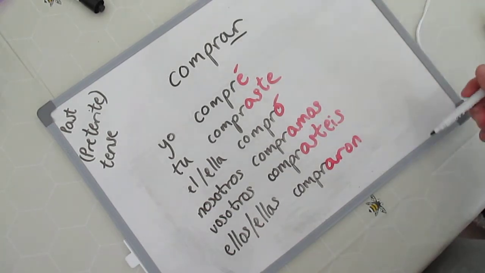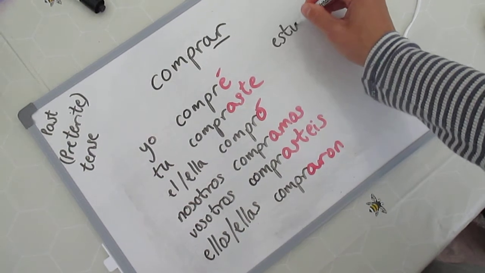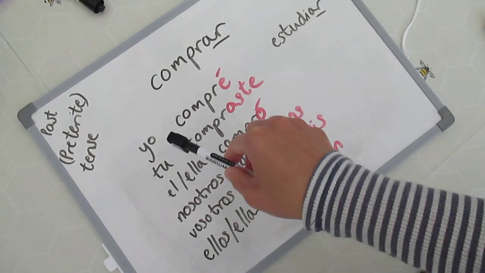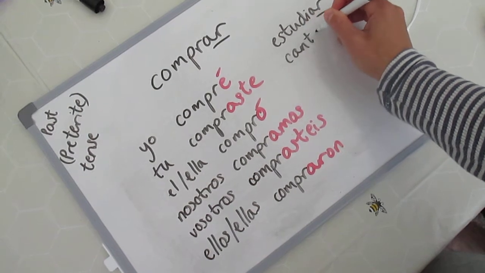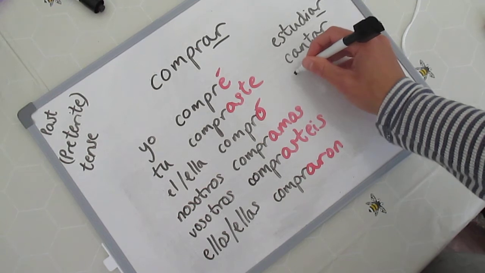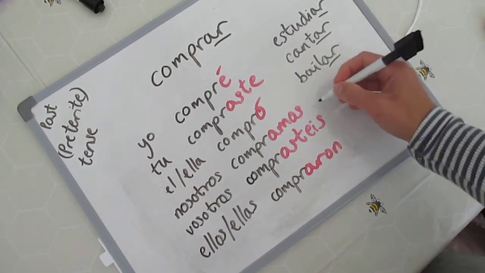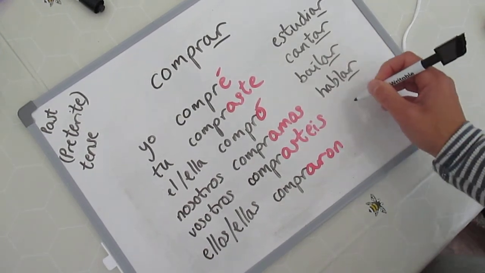So I'm going to write a few here for you to try. I'd like you to conjugate estudiar in the yo form, okay, so I. For tú, have a go at cantar, that means to sing. For él and ella, bailar, that's to dance. Nosotros, hablar, to speak.